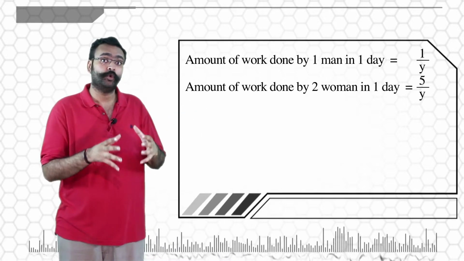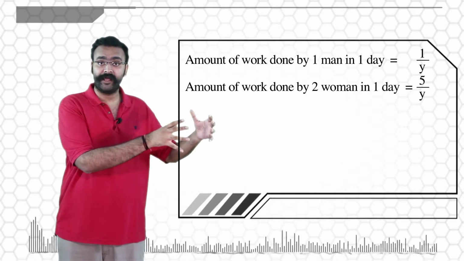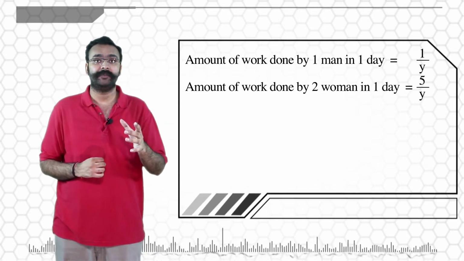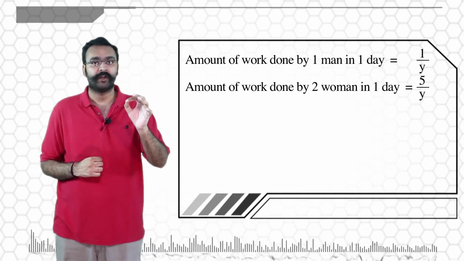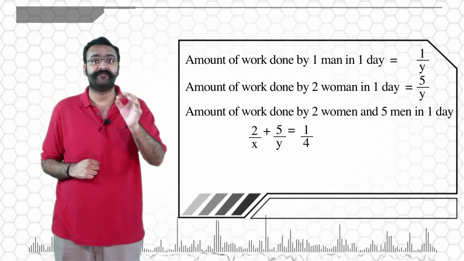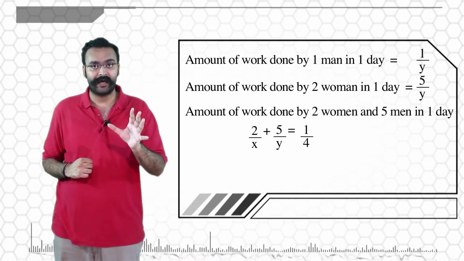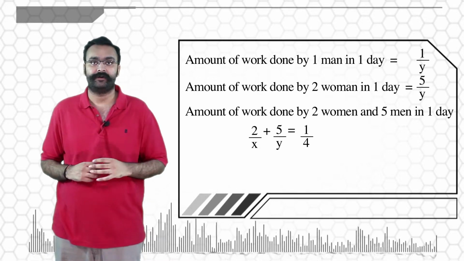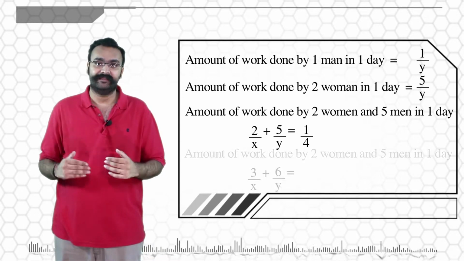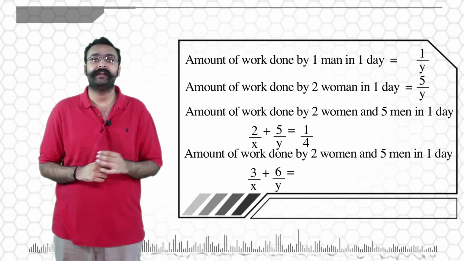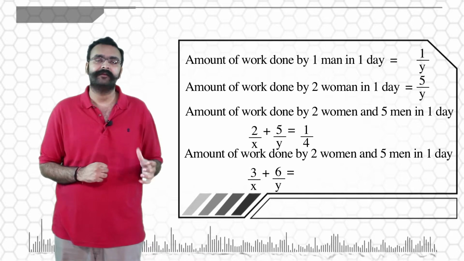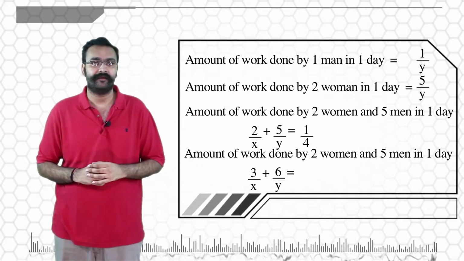So these 2 women and 5 men take 4 days. So in one day it's 1 by 4. Which means our equation becomes 2 by x plus 5 by y, work done by them in one day, is equal to 1/4. And in the second case, work done in one day will be 3 by x plus 6 by y, because we have 3 women and 6 men.